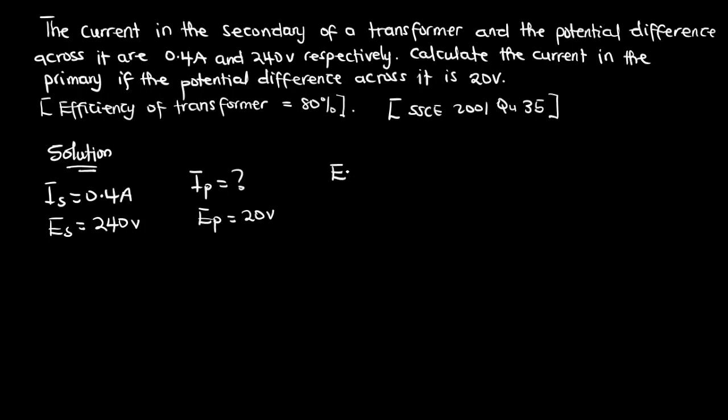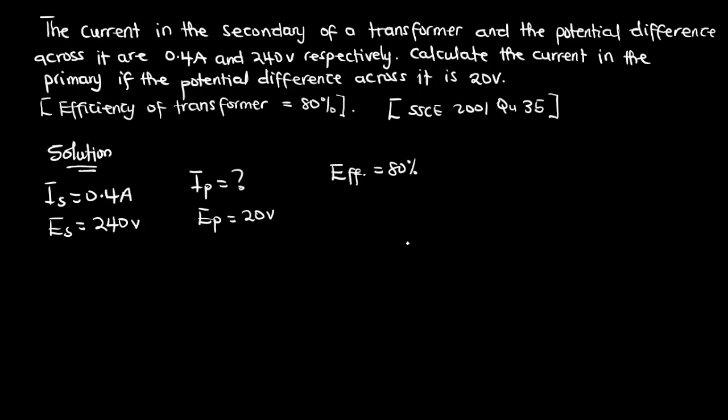Remember, we're given that the efficiency is equal to 80%. Now if I look at this, the voltage in the primary is 20, the voltage in the secondary is 240. It means that the transformer was supplied a lower voltage to produce a higher voltage, which is what we call a step-up transformer.